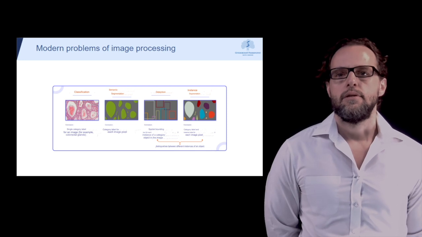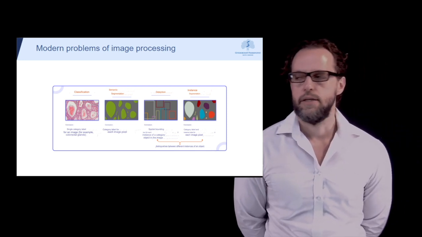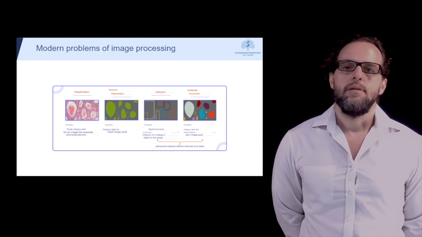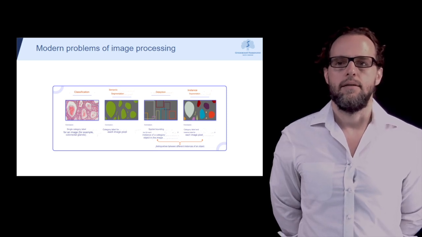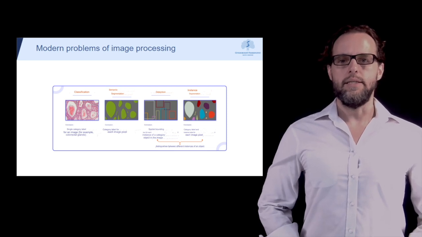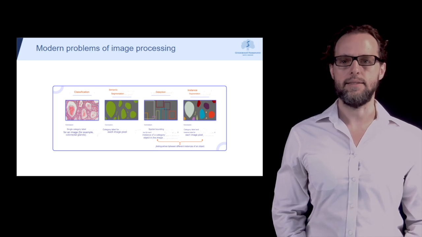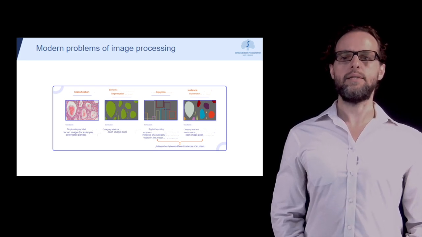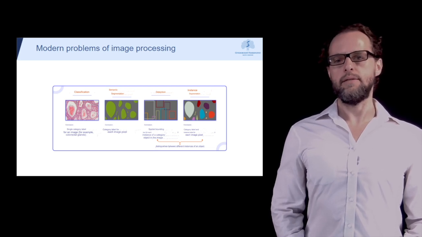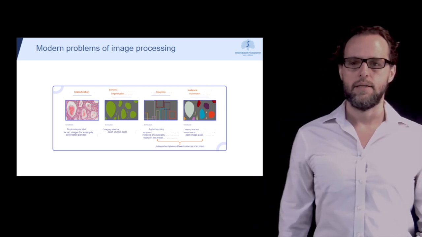Let's look at modern image processing problems and how they compare with classification problems. An example of semantic segmentation, object detection and instance segmentation is presented here. As we remember, the classification task consists of assigning one of the available labels to the image. What can be done next, especially in relation to healthcare?